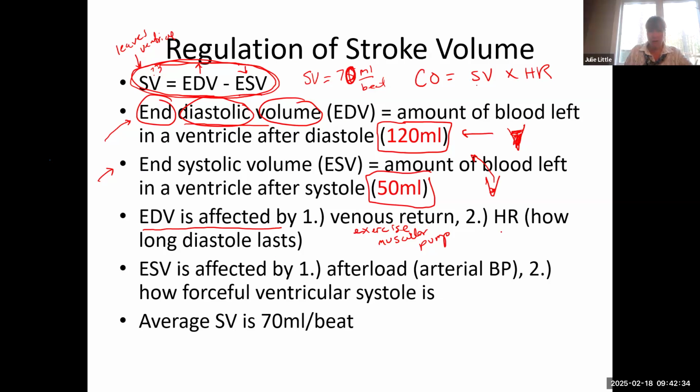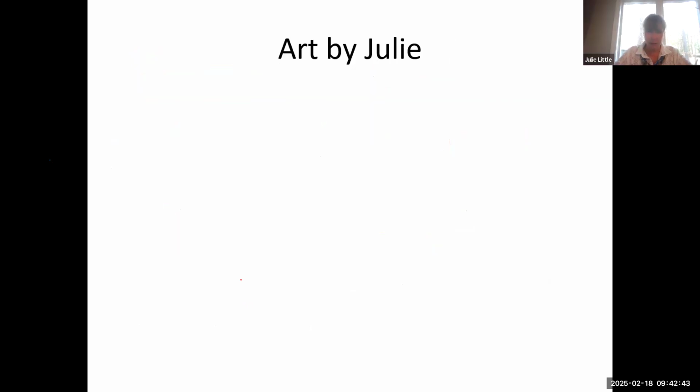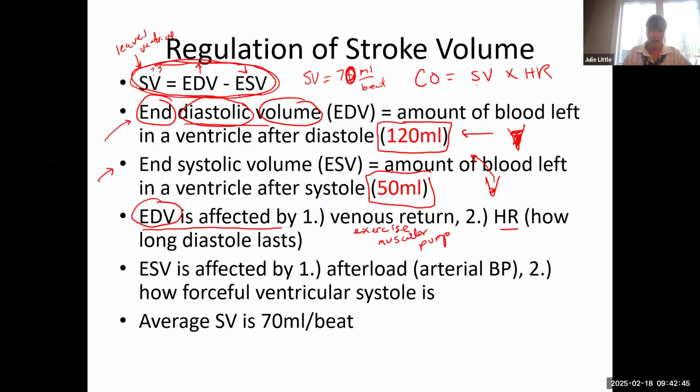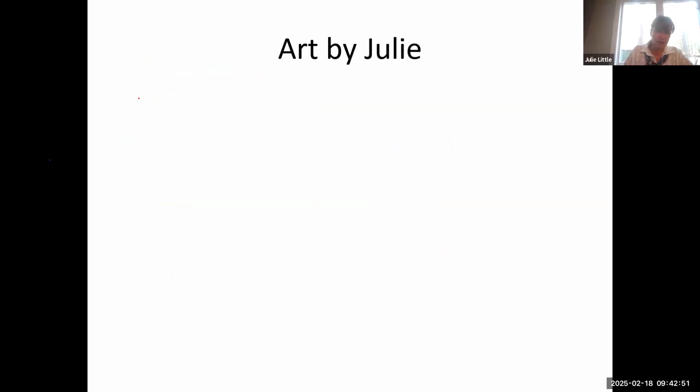Now, heart rate is also going to affect end diastolic volume. On my next slide, I have a blank page where I can draw this. So remember venous return and heart rate. In end diastolic volume, say we have our right ventricle, because remember that blood returns from systemic circulation to the right side of the heart.